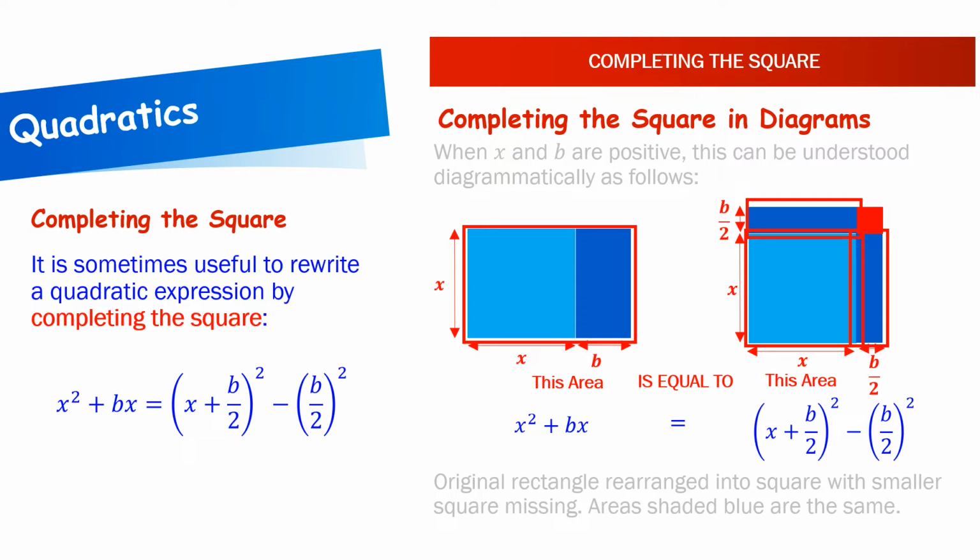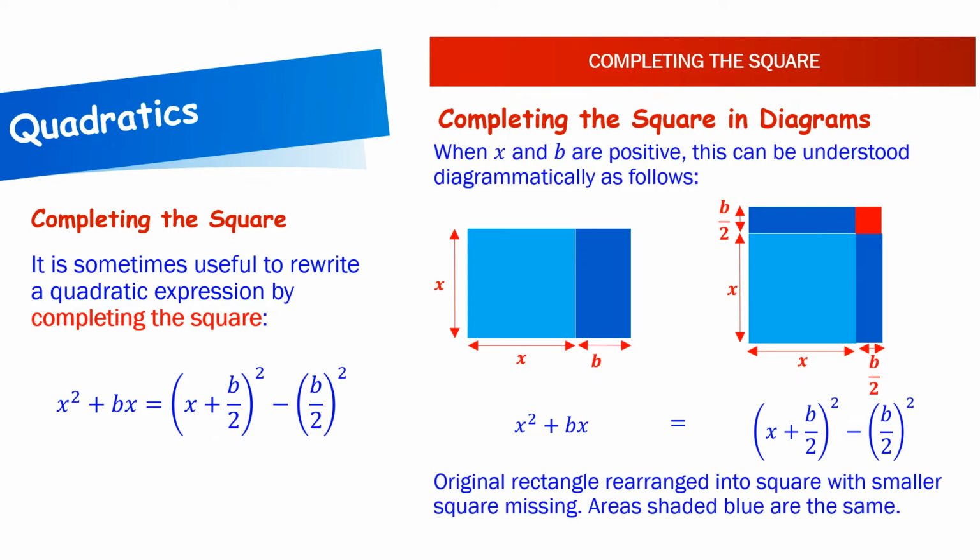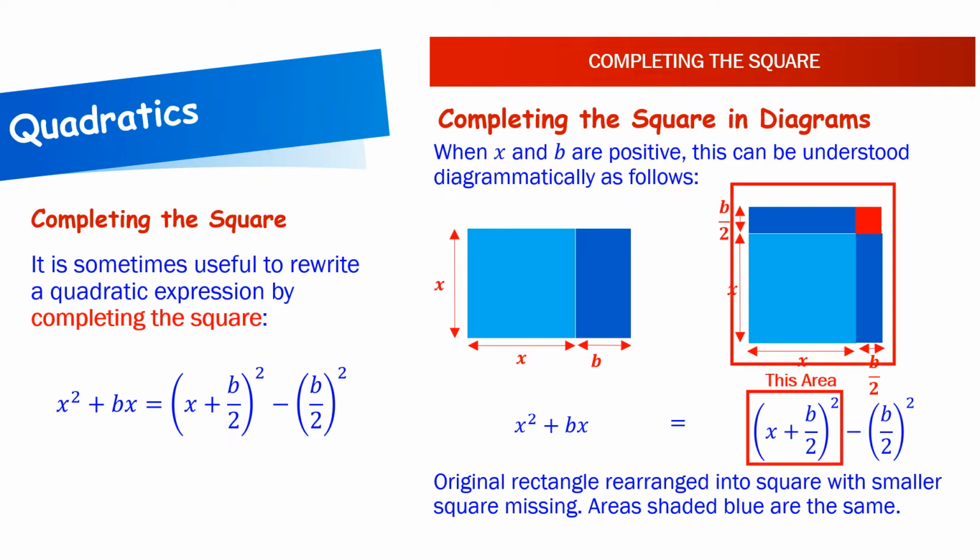So the area highlighted on the right is equal to the area highlighted on the left. The area in the red box highlighted on the right is x plus b over 2 all squared, as you can see.